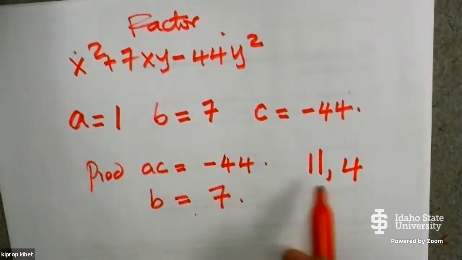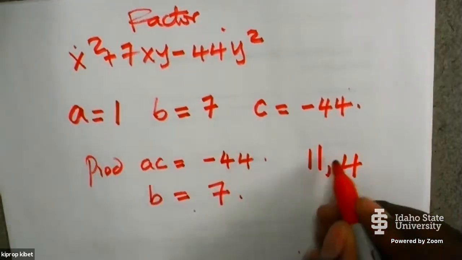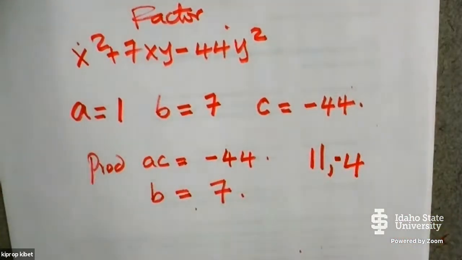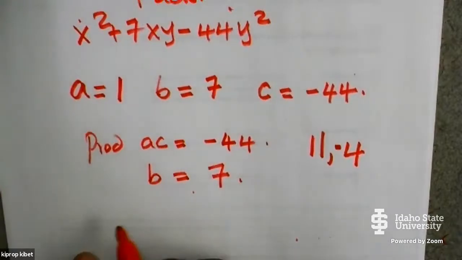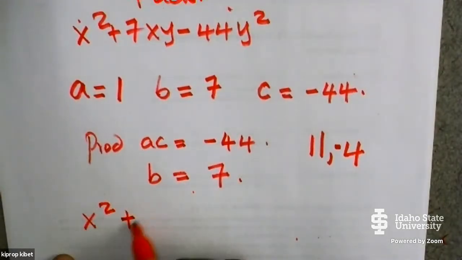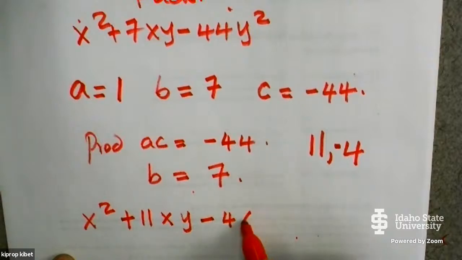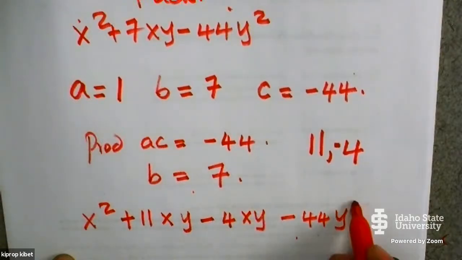So therefore, the smaller value, which is 4, will be negative. Now, bringing back here, it will be x squared plus 11xy minus 4xy minus 44y squared.